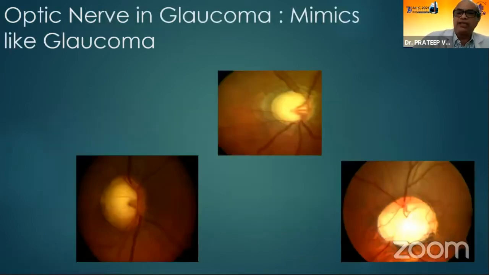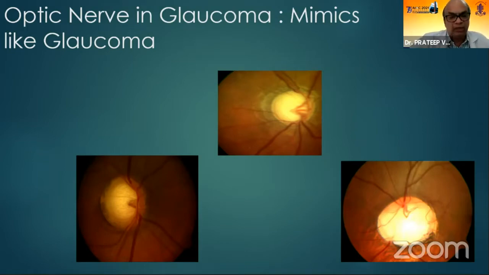Look at these various discs. The central one, obviously, no one would miss it. It is a typical glaucomatous disc. But on the left-hand side, it looks like a glaucoma, but it's not a glaucomatous disc. It's a classical senile sclerotic disc. As all of us know, we lose almost 10,000 ganglion cells per year.